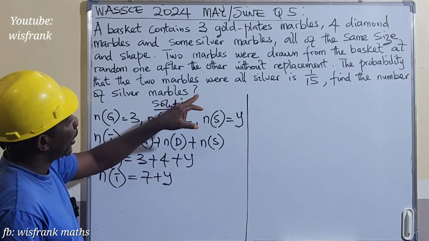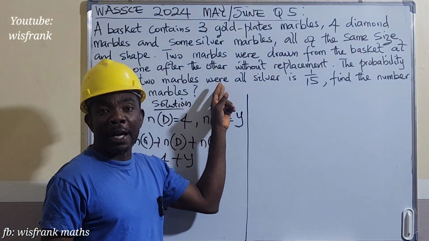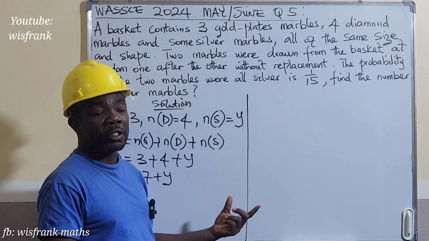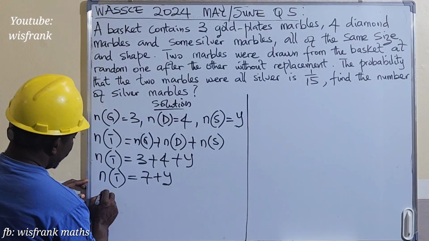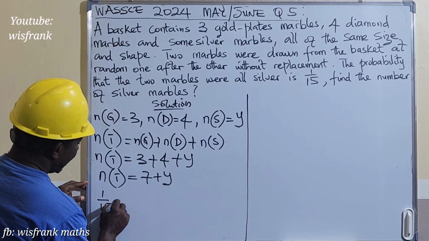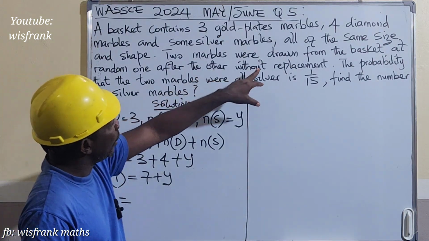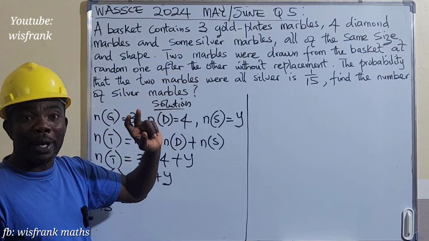We are told that the probability that the 2 marbles picked from the basket were all silver is 1 over 15. The marbles are drawn from the basket at random, one after the other, without replacement.